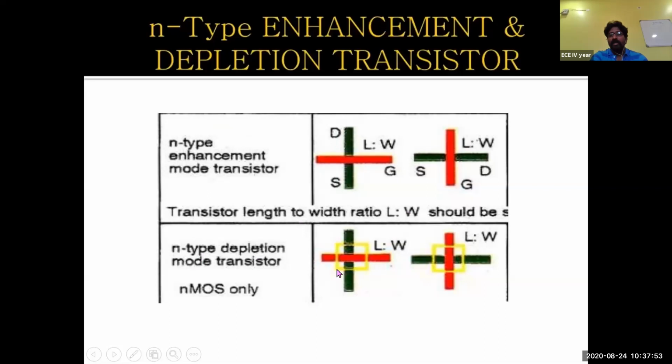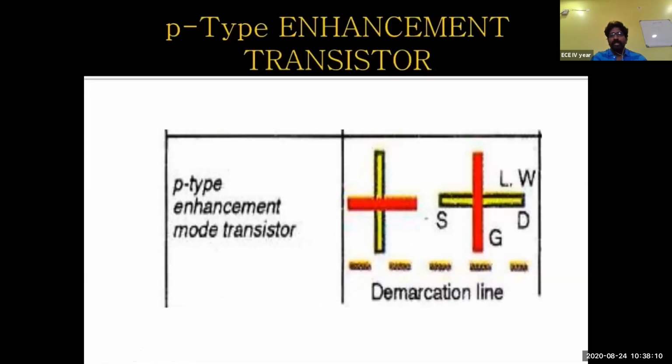This implant will notate whether the design is of enhancement mode or depletion mode. So this is how we differentiate enhancement mode and depletion mode transistors. So these are regarding the demarcation line for P type enhancement mode transistors.